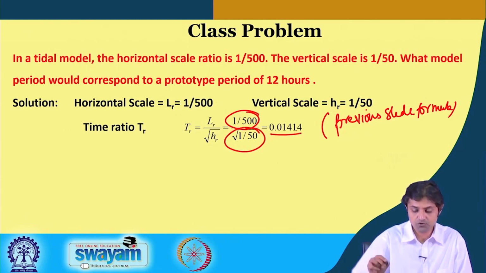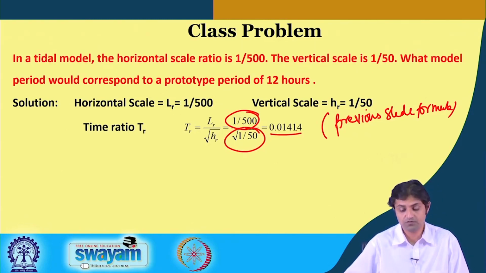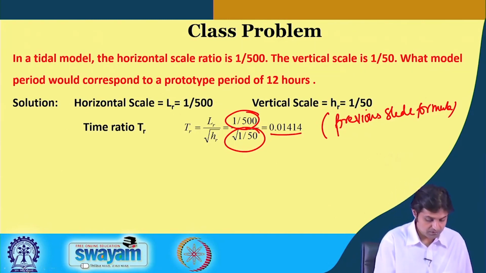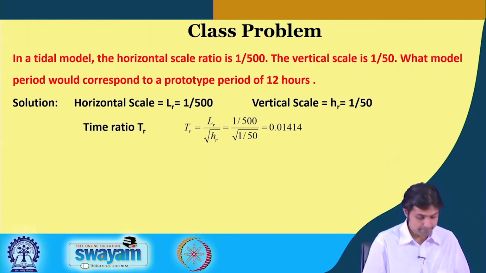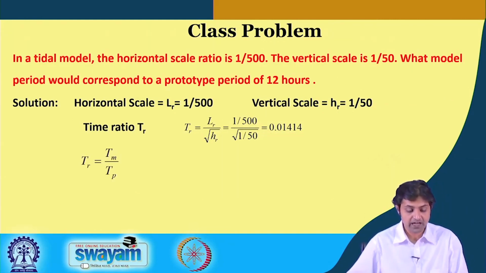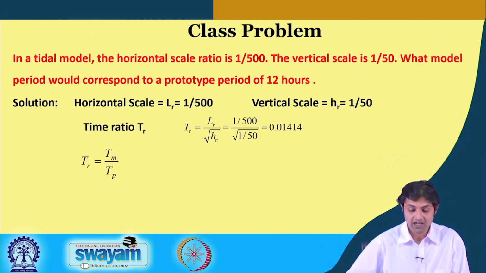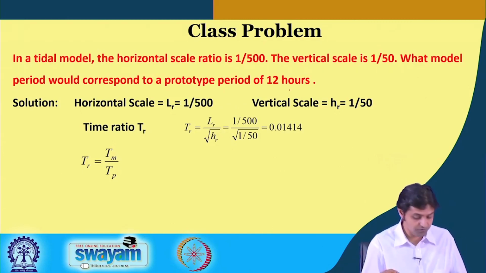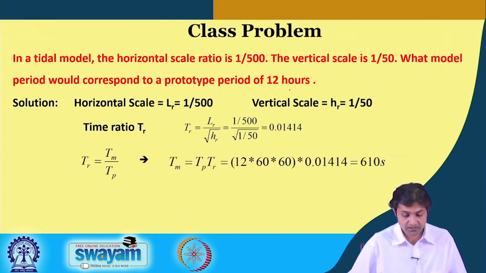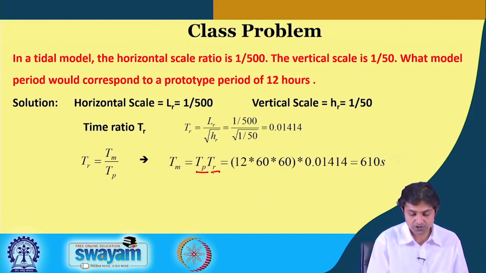So, this comes out to be 0.01414. Okay. Now, the time ratio is given by Tm by Tp and this Tr we already know, and it says that the prototype period is 12 hours, which implies Tm will be Tp into Tr.